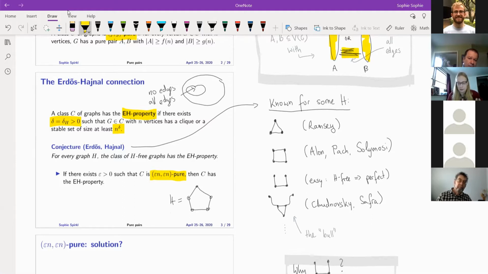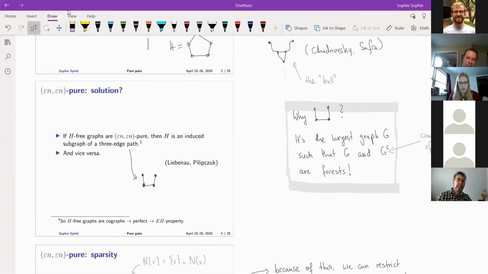And that's a fairly easy inductive argument. So if only we could show that every class of graphs that excludes some induced subgraph was epsilon n pure, we would have proved the Erdős–Hajnal conjecture. But of course, it's not that easy.